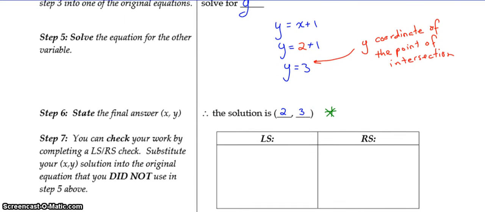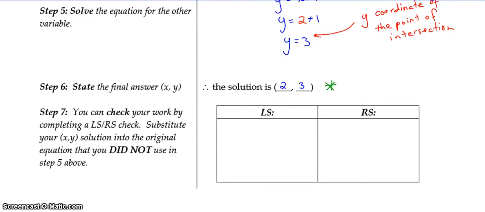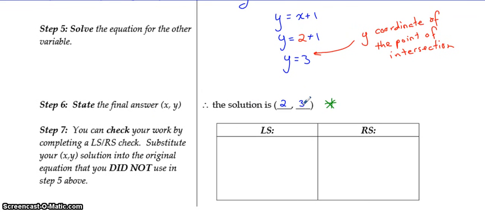Now, you can check your answer by taking this point and substituting it into equation 1, in order to check your answer to see if it's correct.